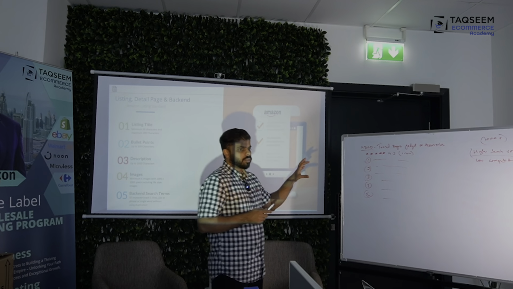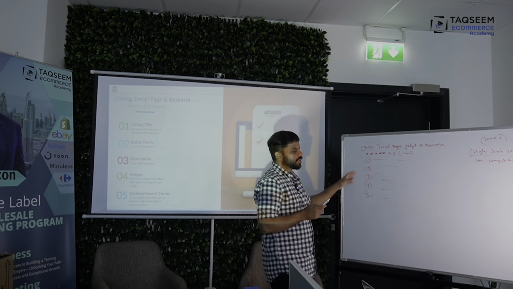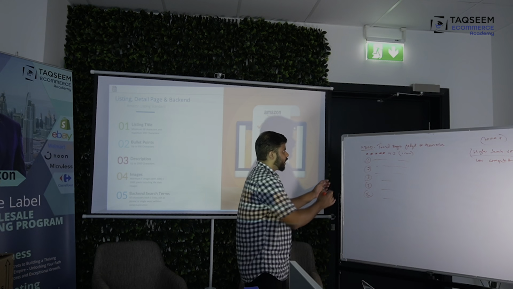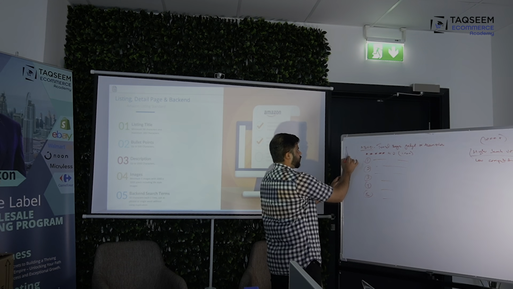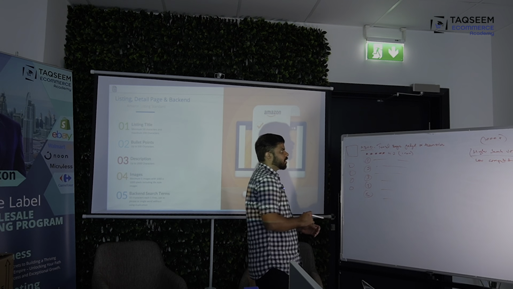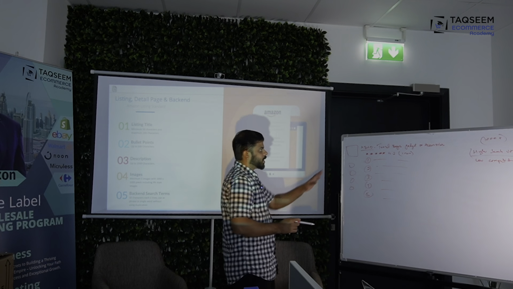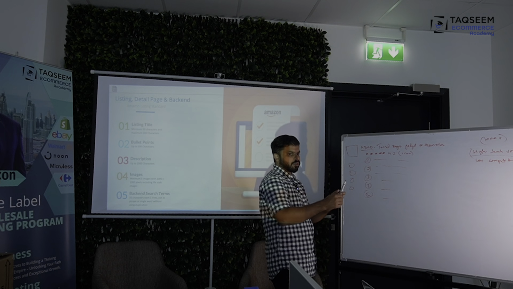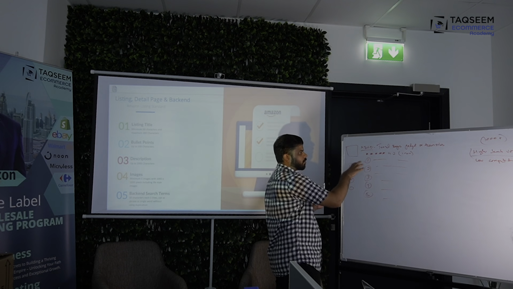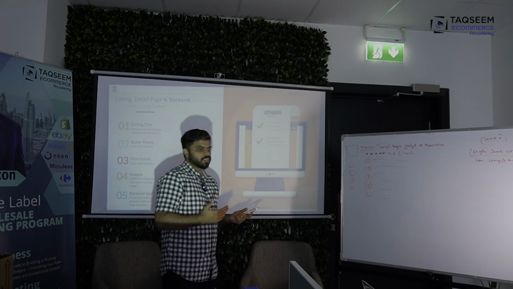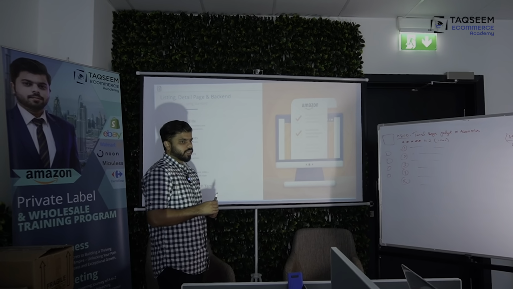If customers land on your page, on the ASIN, they know the purpose of the product. Here are the images, and by seeing title and images in one go, in one vision, without scrolling, the customer has an idea of how this product is and what its purpose is.